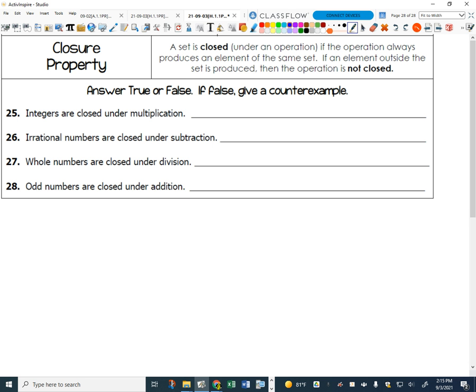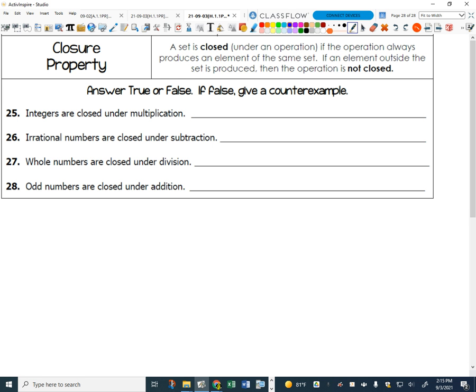Let's just look at number 4 for now. Is the set of integers closed under multiplication? Now, before you answer the question, what does that imply? If the set of integers is closed under multiplication, then anytime I use that operation on two integers, what would have to be true of the result?